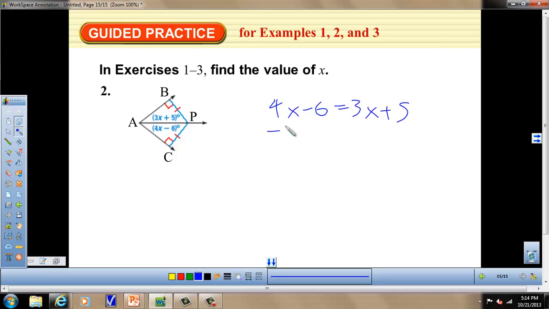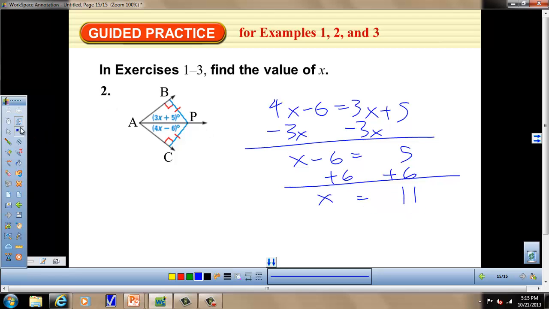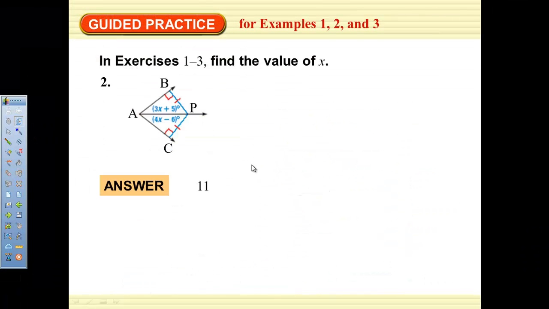Solving for x, we subtract 3x from both sides. We get x minus 6 equals 5, and adding 6 to both sides, x is equal to 11.